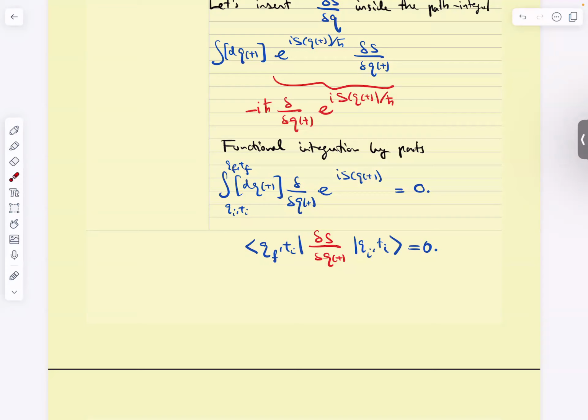This is equal to minus Q of F, T of F, del O, del Q of T. So every matrix element of this object is zero. When you multiply this operator by operators that are independent of the Q, again, every single matrix element is zero. But if you multiply by an operator that depends on Q, the answer will depend on the derivative.